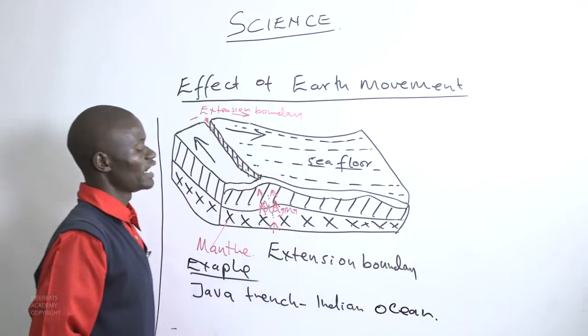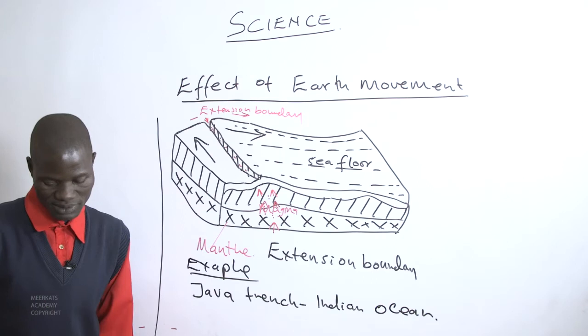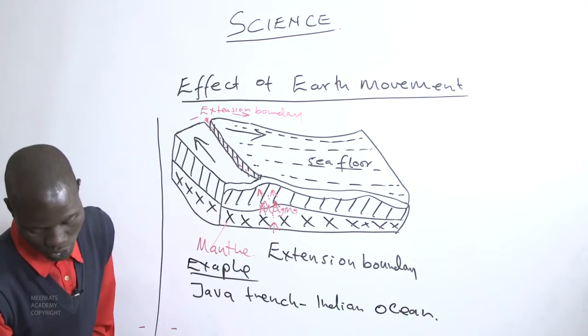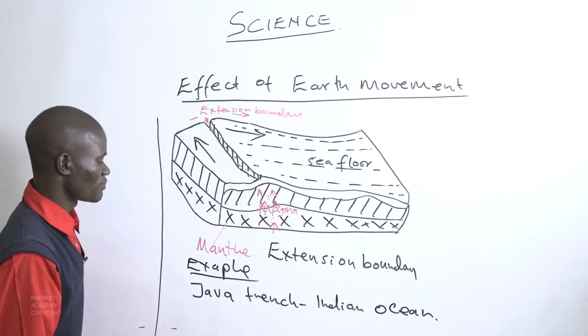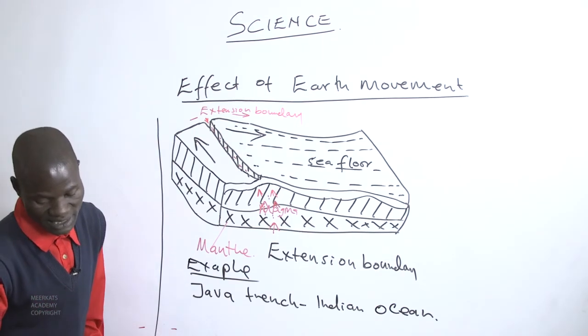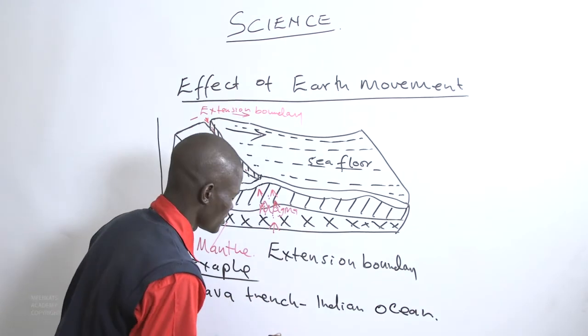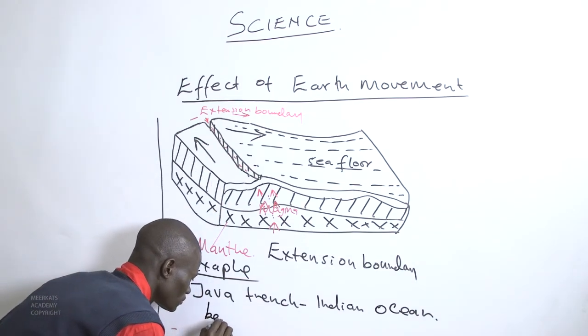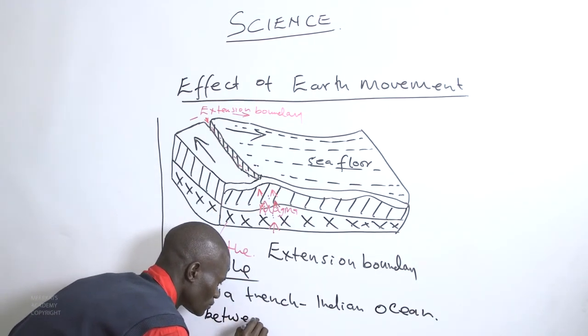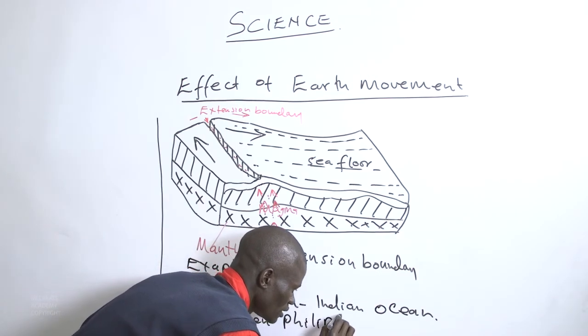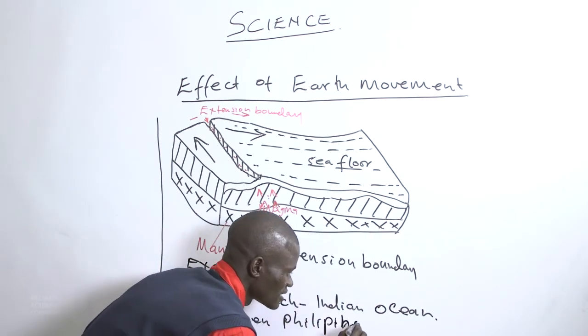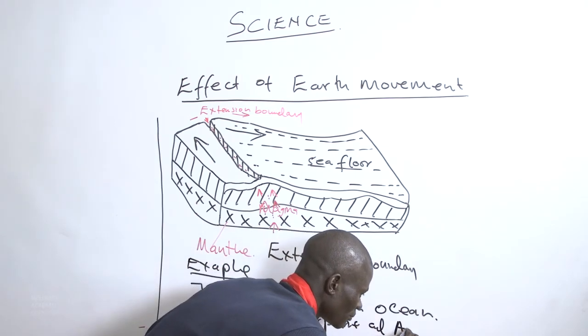I hope when you try to use your atlas, you will locate the Indian Ocean, and then look also at the map of Africa. That is between the Philippine plate and the African plate.